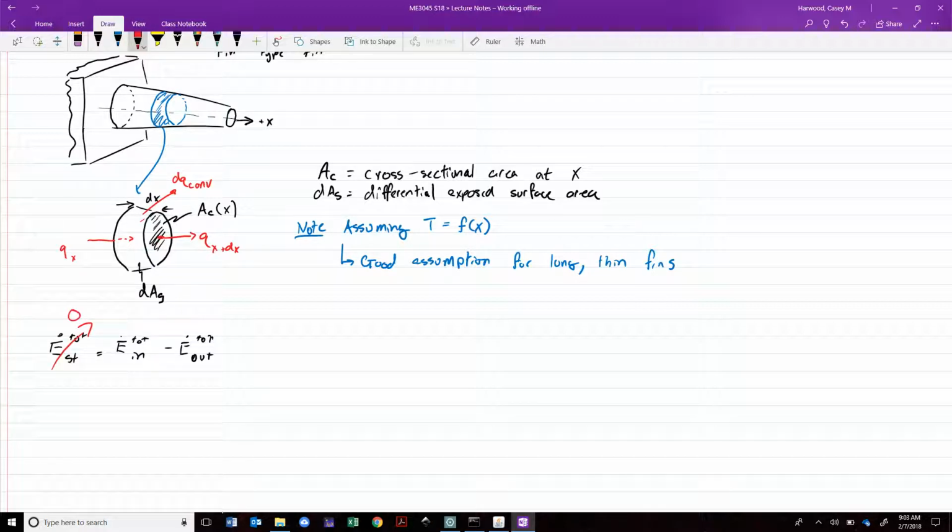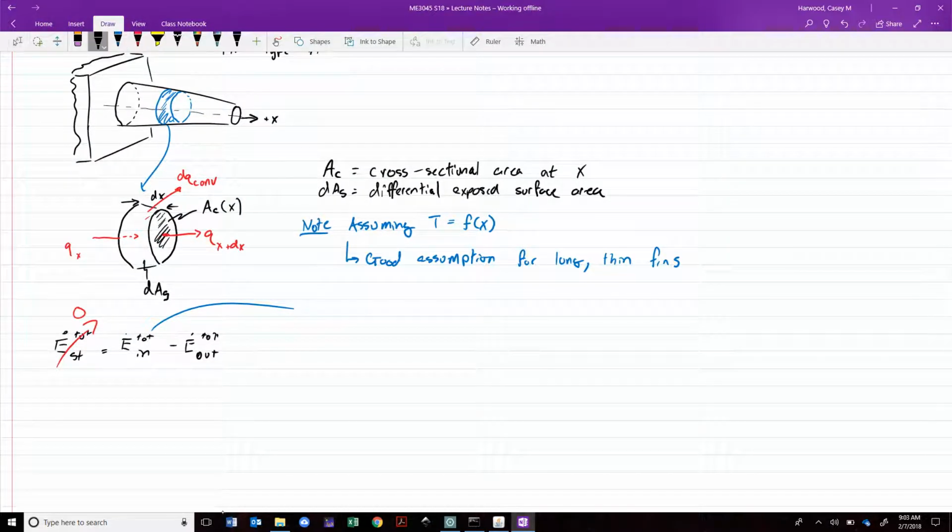And then we're going to start pulling out the energy in, E dot in total. In this case it's just equal to that q dot x term that we see at the left, moving in, and our E dot out total is equal to q x plus dx plus dq convective.